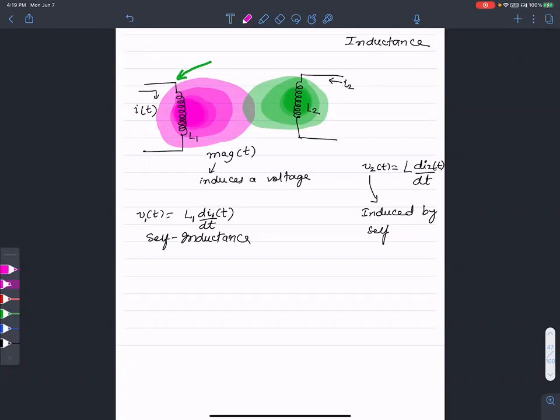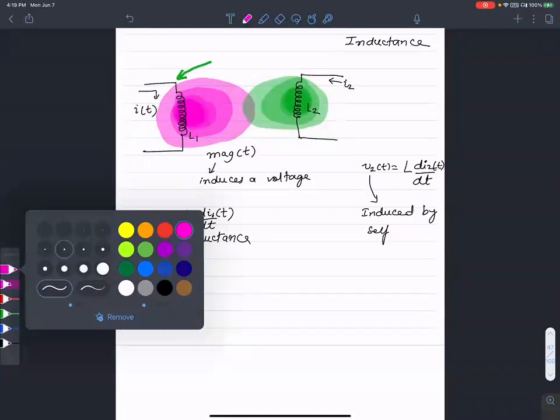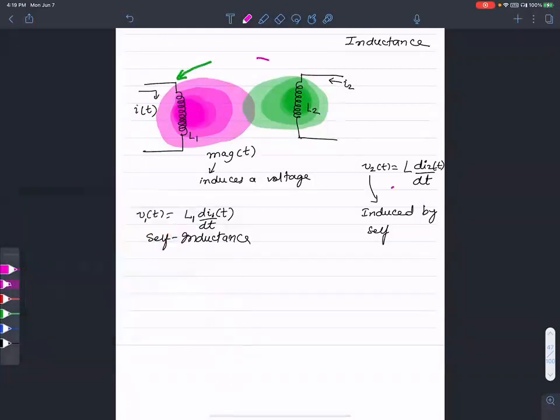And also because of the purple magnetic field, there's a voltage set up in L2. These two inductors are so close that one begins to develop a voltage in the other. That's the idea of mutual inductance, when two inductors are so close that the magnetic field of one is affecting the other.